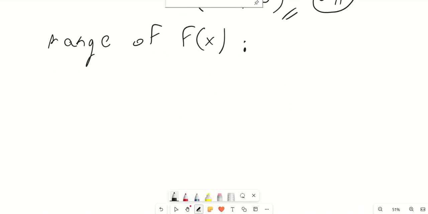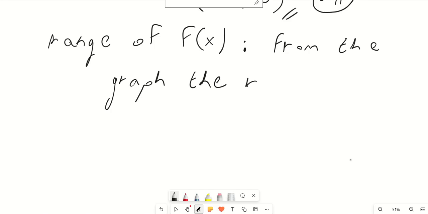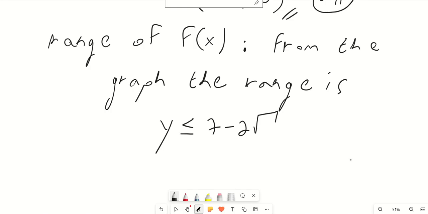So from the graph, the range is all y values that are less than or equal to the y value of the point Q, which is given as 7 minus 2 square root of 6.